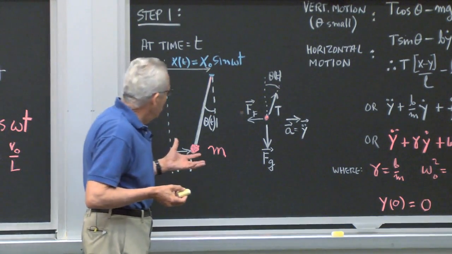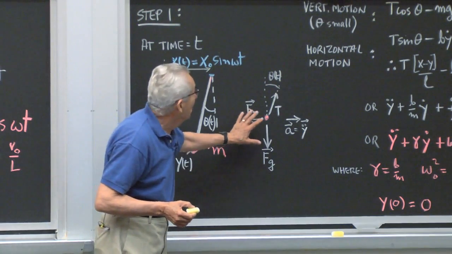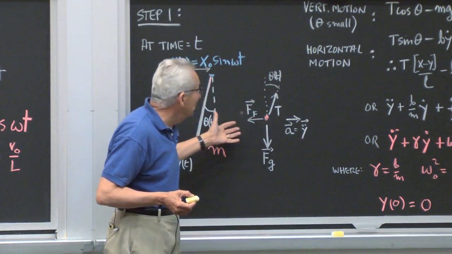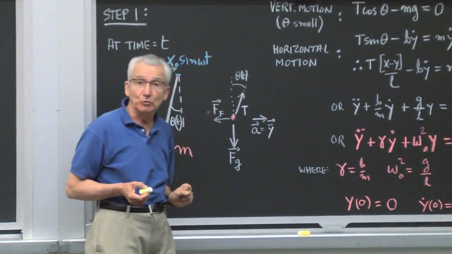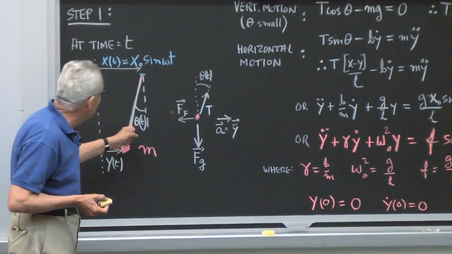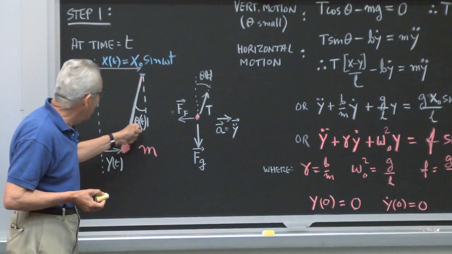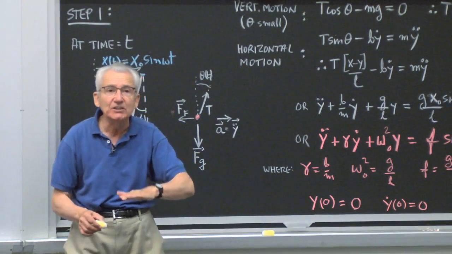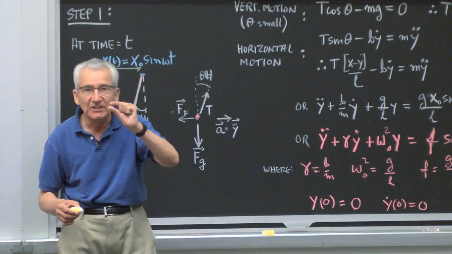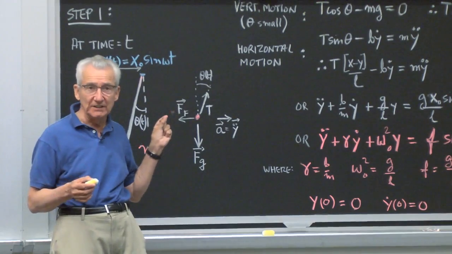Okay, we are now experienced. I'm not going to go slowly. I will immediately take the components of forces. First, let me consider vertical motion. I told you the angle is small. If I make the angle sufficiently small and that ball is oscillating, it is not moving up and down. The distance is tiny, insignificant in this problem.